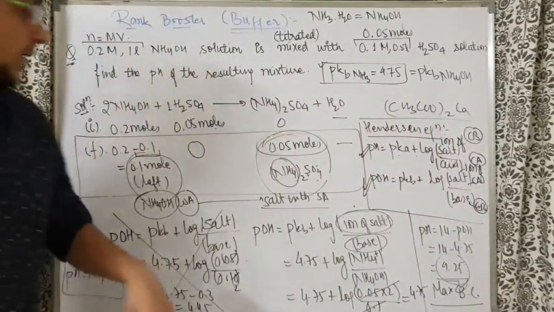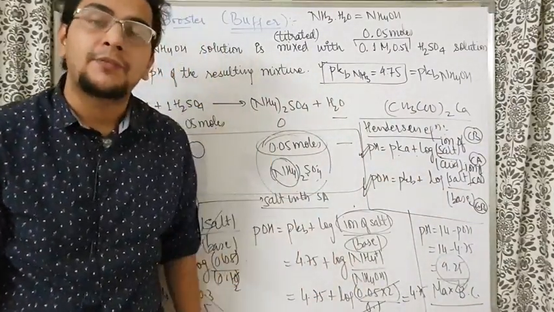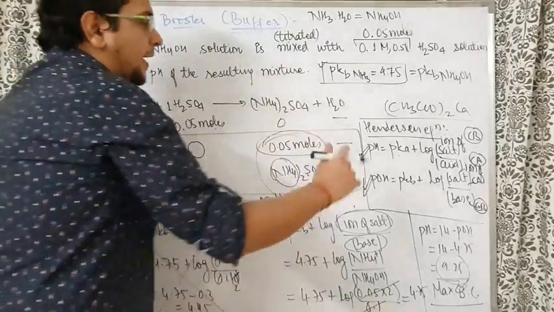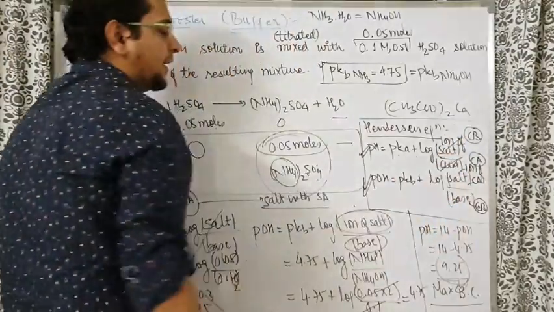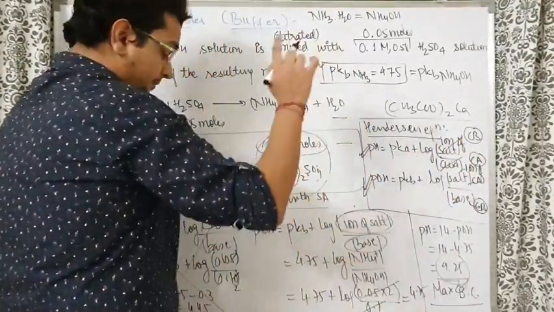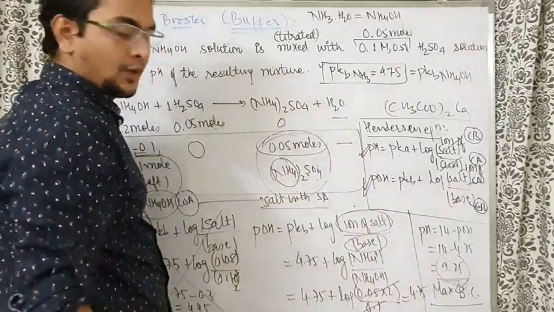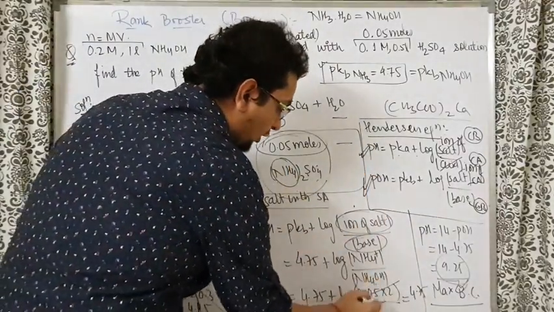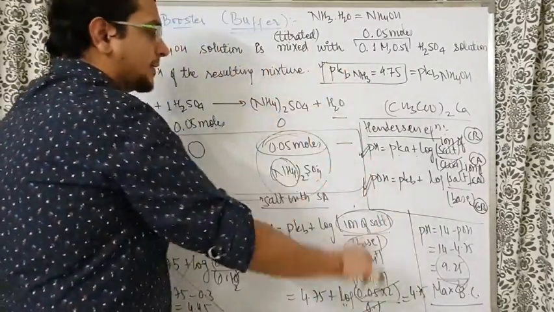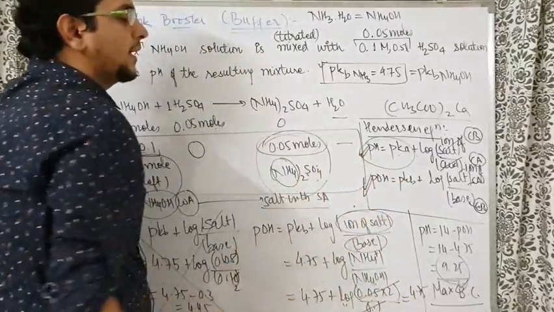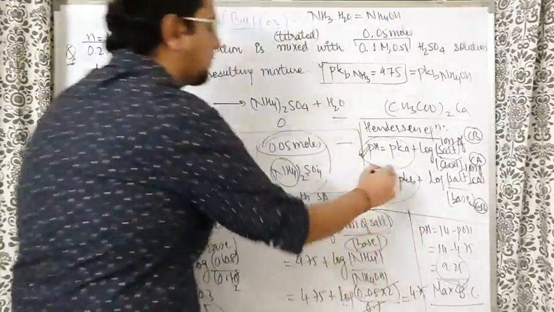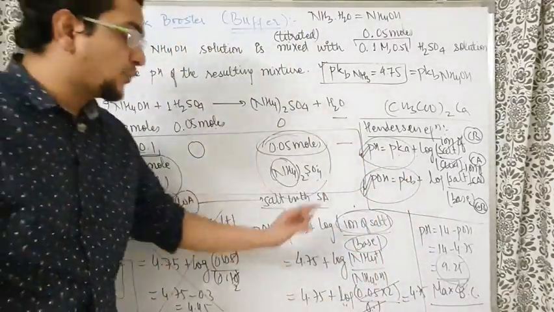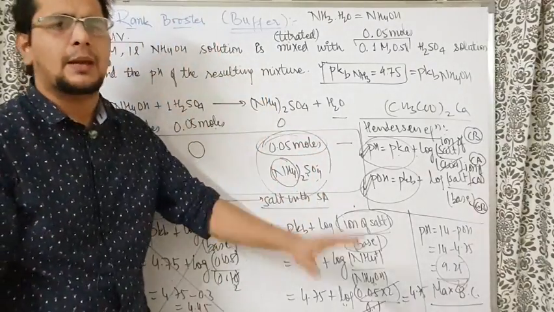So if they ask you what is the pH of a buffer at maximum buffer capacity, you will say, sir, at maximum buffer capacity these two things will cancel out, log 1 will come, log 1 is 0, so pH equal to pKa will come and pOH equal to pKb will come, and this is what the condition of maximum buffer capacity is known as.